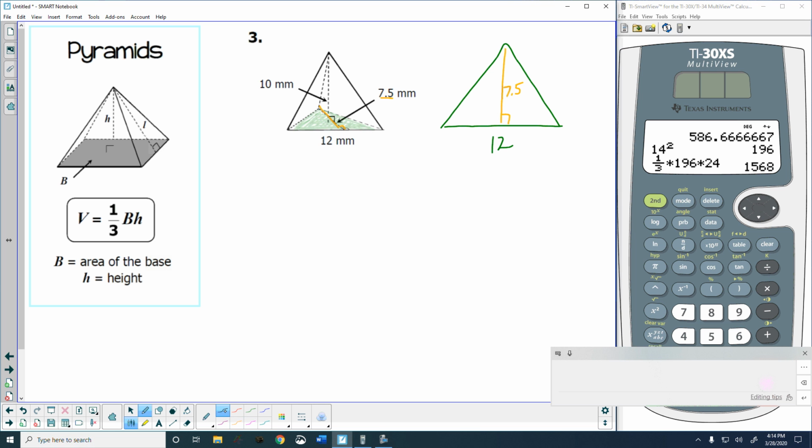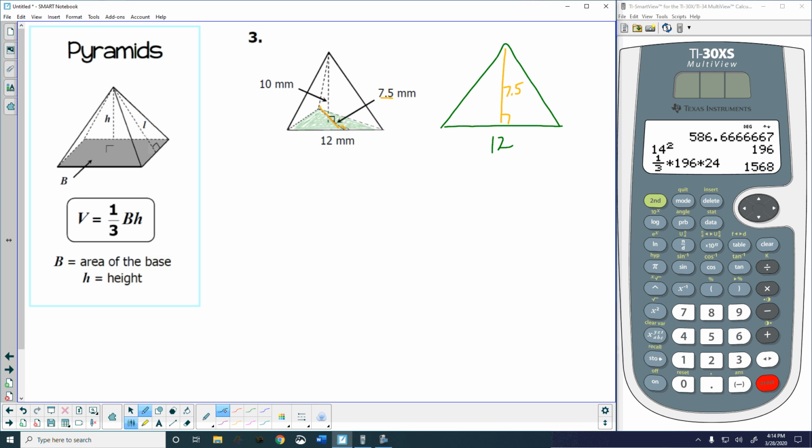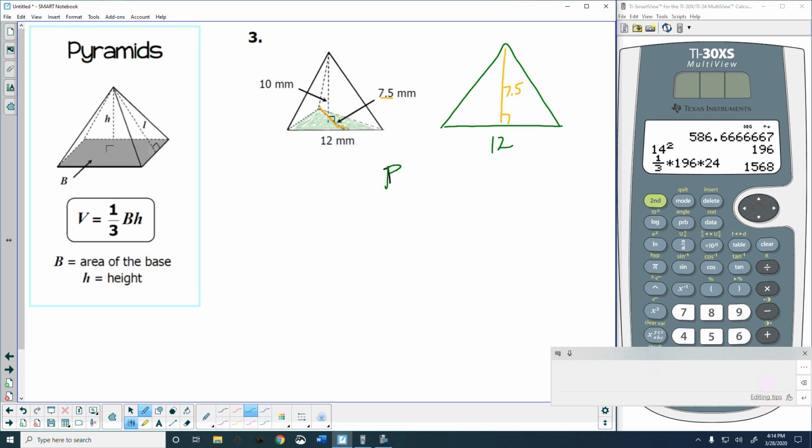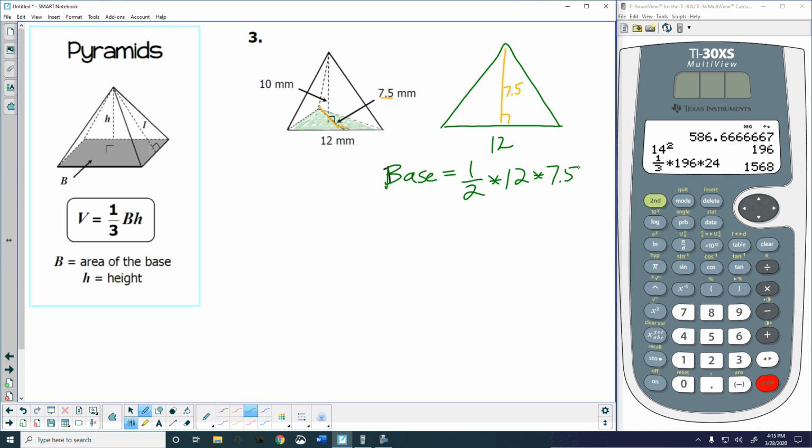Calculating the area of the base, the base is a triangle, so 1/2 of 12 times 7.5. That's 45.